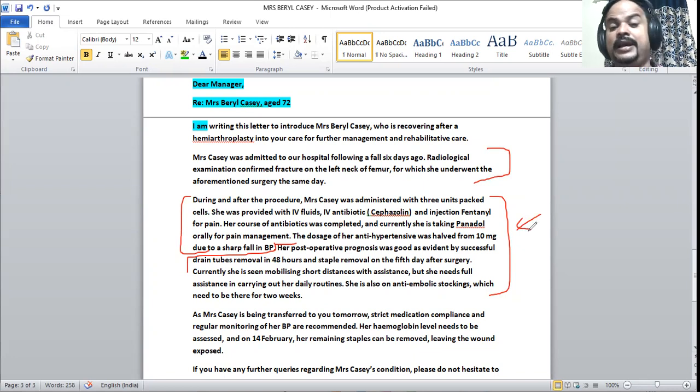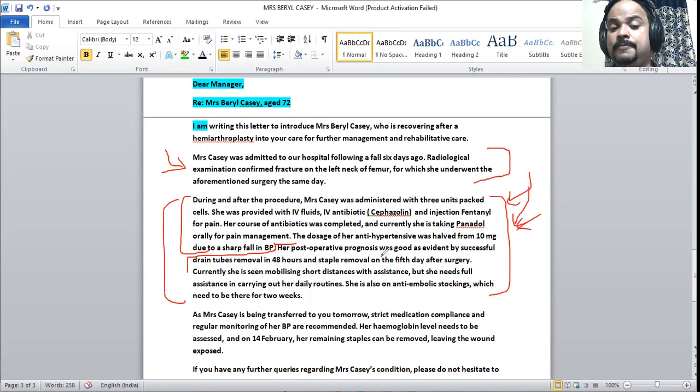So some candidates, they just split this paragraph because they don't want to write a bigger paragraph. The reason behind why we have classified this as one paragraph is that what happened, what was the reason for the surgery, and after the surgery, what are the medications you have given, what are the further care you have given, the care you have given in the hospital till the discharge. So all these things, including medication and nursing care, are concluded in this particular paragraph.